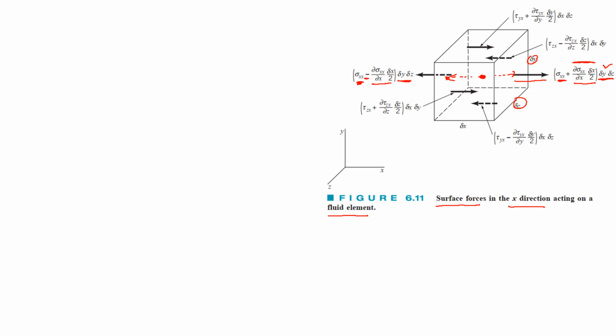So these are the two normal stresses, and the others, as you can see, are the shear stresses, and this is their representation for this plane right here. This is the shear stress and its gradient.